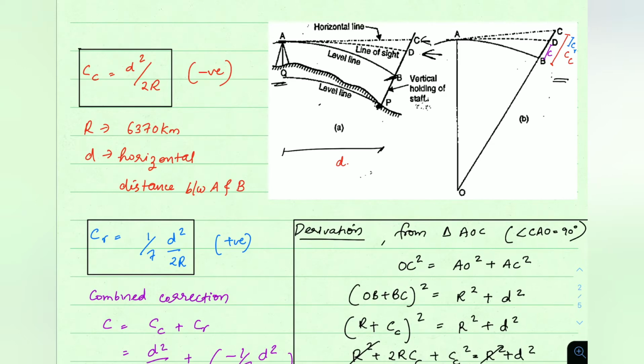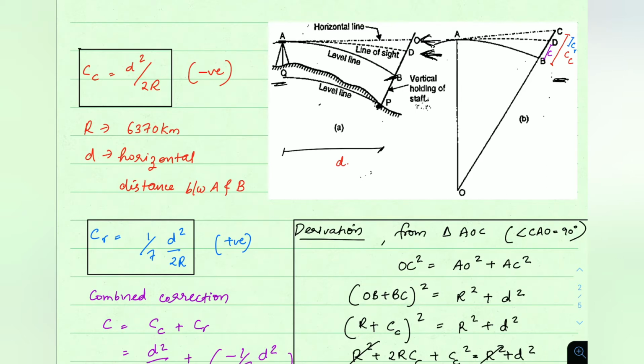Then because of the effect of refraction of atmosphere, instead of C, we get the value at D. So if C is our original point, we have to add that value. That is, the CD value is our CR, which you find here in blue color. So this value we have to add to D point in order to get the value at C point. So the correction due to refraction is positive.